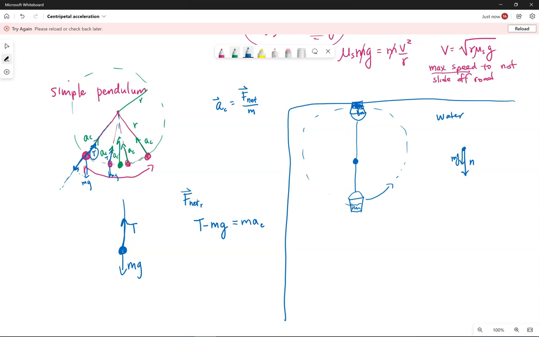There's the centripetal acceleration, simply because it's moving in a circle. At that top moment, that centripetal acceleration points downwards. So we would call downwards the positive direction. The normal force and the force of gravity are both downwards. So this would be the net force in the radial direction.